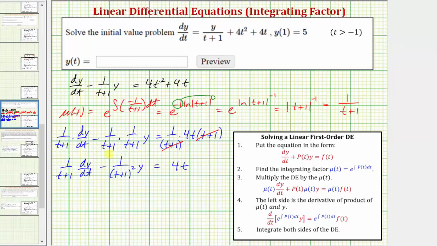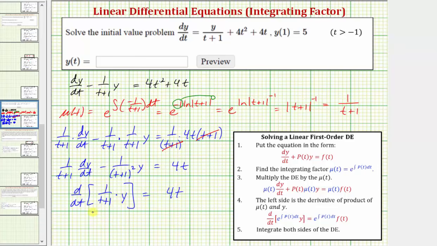For step 4, this left side is now equal to the derivative of the product of mu of t and y. So this left side equals the derivative with respect to t of mu of t, which is 1 divided by the quantity t plus 1 times y. Of course, we can check this.